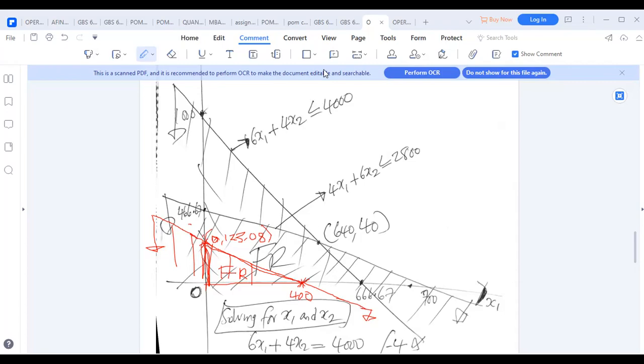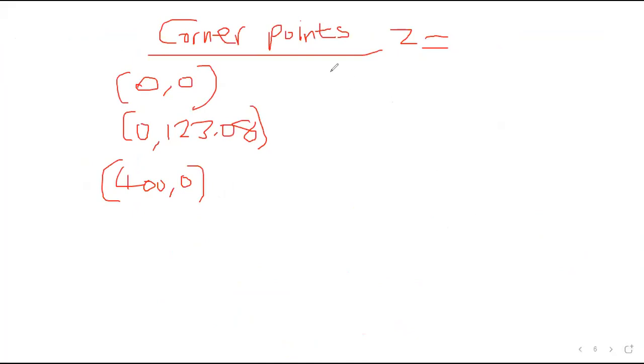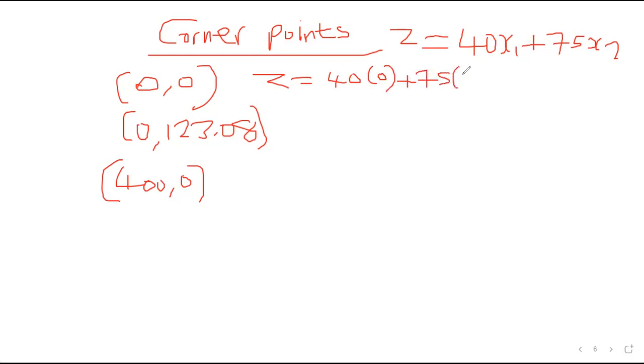So we are maximizing Z is equal to 40x1 plus 75x2. From here, using these corner points, Z is equal to 40 on 0 plus 75 on 0, which is giving us 0.